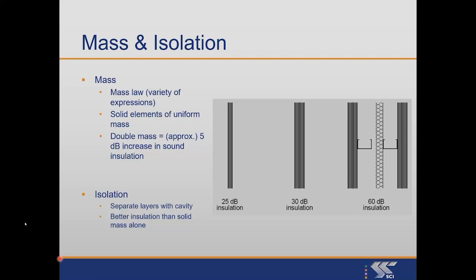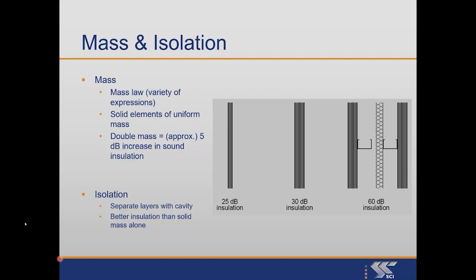However, if we provide some isolation between the layers and actually have a cavity, as you might have with a light steel frame separating wall, so we've got some cold formed lipped C-section steel studs with plasterboard attached, 2 layers on each side, with some insulation material in there to prevent too much reverberation within that cavity, then we can expect to get around 60 decibels of sound insulation.